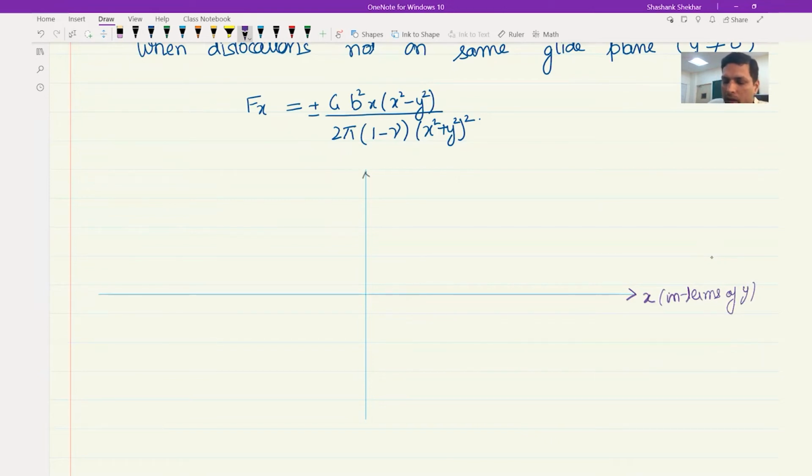And on the y-axis, I will have force, specifically Fx. So this is Fx, which will be drawn in terms of a constant GB1, B2 by 2 pi 1 minus nu, y.